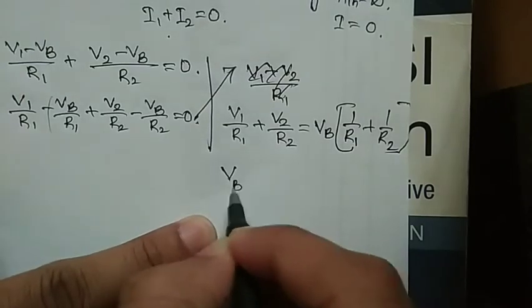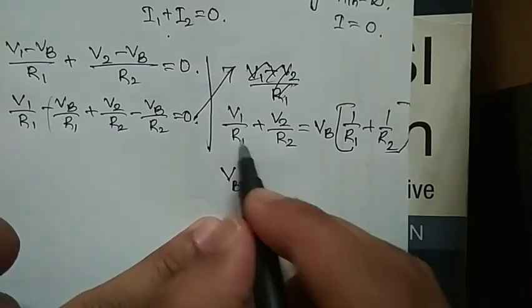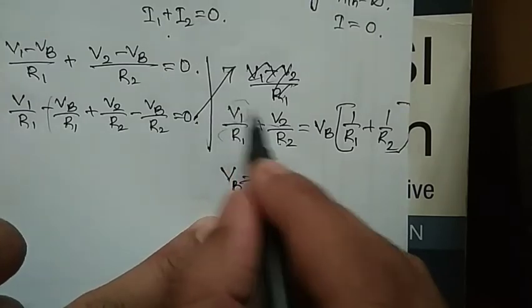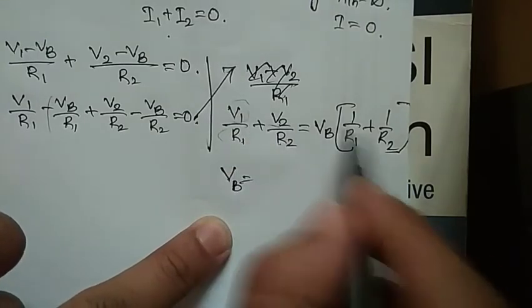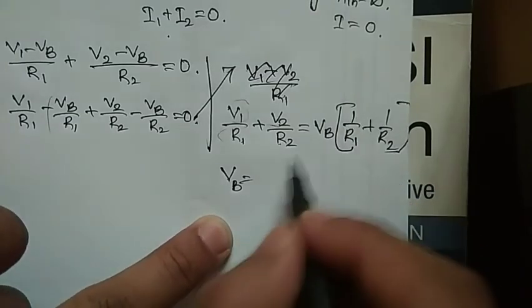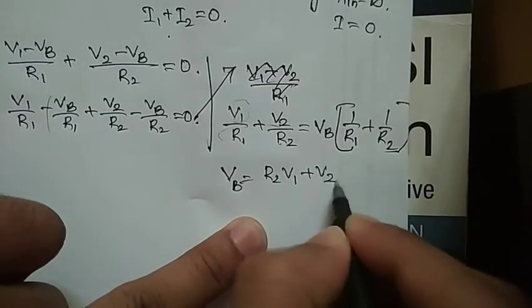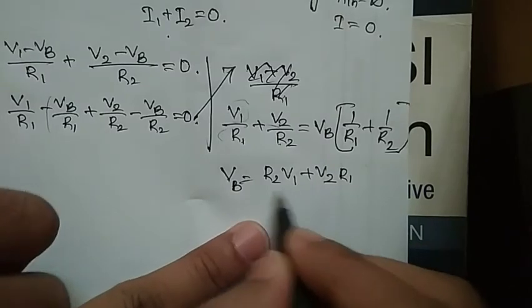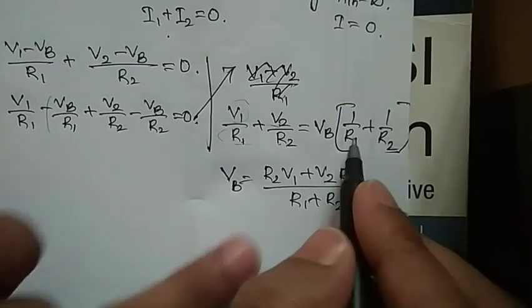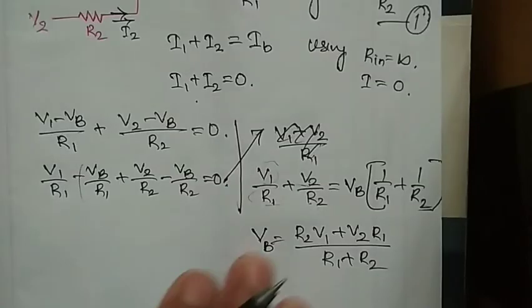Taking the LCM R1 R2, V1 is multiplied with R2, V2 is multiplied with R1, and R1 plus R2 divided by R1 R2. So directly I am going to define VB equals (R2 V1 plus R1 V2) divided by (R1 plus R2), because R1 R2 gets cancelled. So you have that VB.